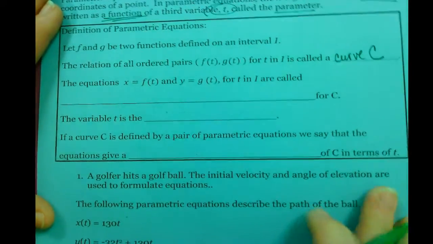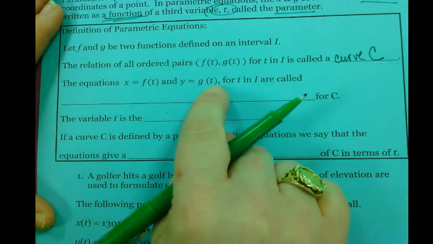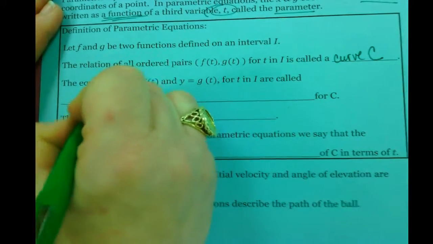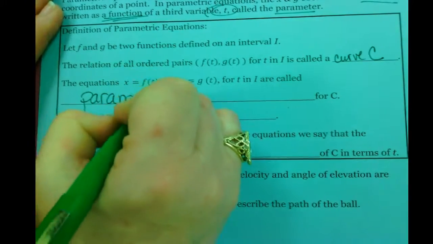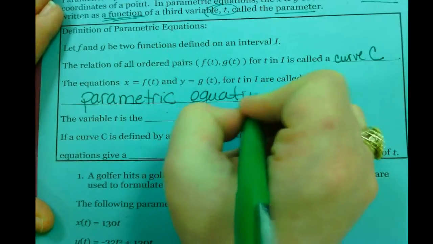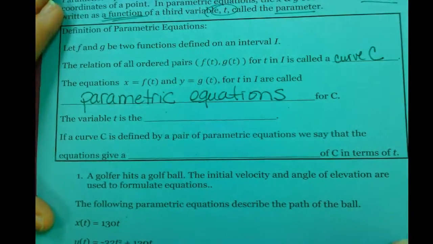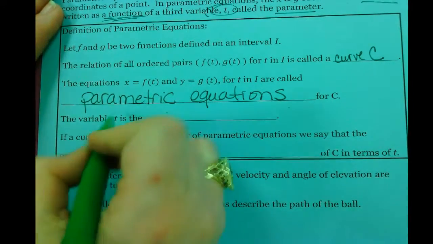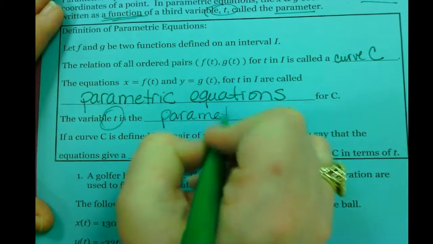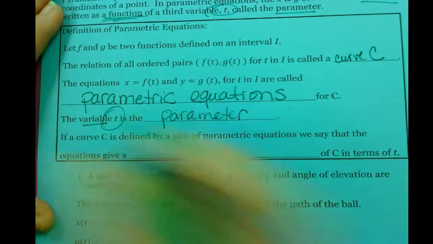The equations x equals f of t and y equals g of t for t in that interval are called parametric equations. Because they have parameters. And the variable t is the parameter. And it is a variable, which means it's going to vary just like x and y do.